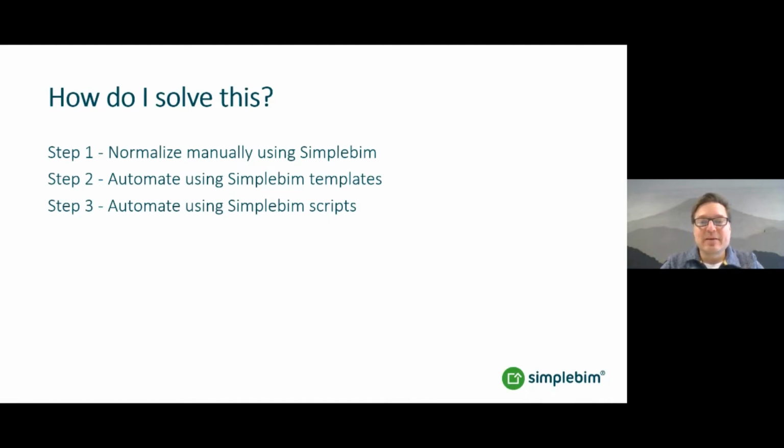And once you figure that out, then you can start automating even more using Simplebim scripts. So if you think about the topic of this webinar, to get the maximum value out of BIM, you get to step 3, because that will give you the most value for the models you get from the designers or the original models from the design applications.